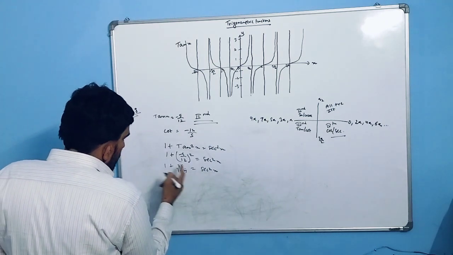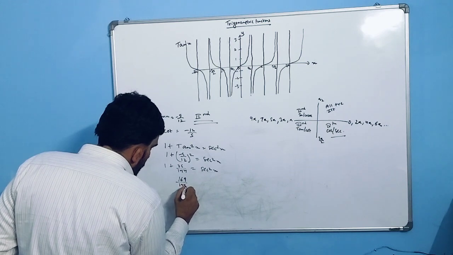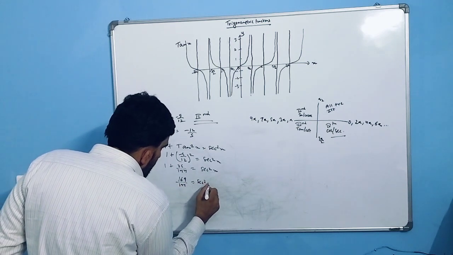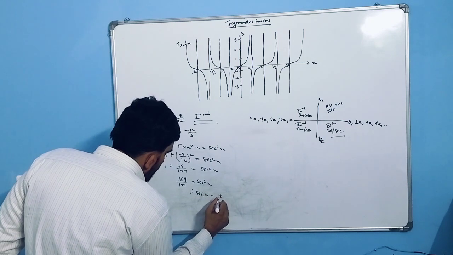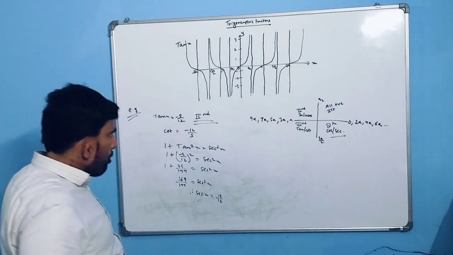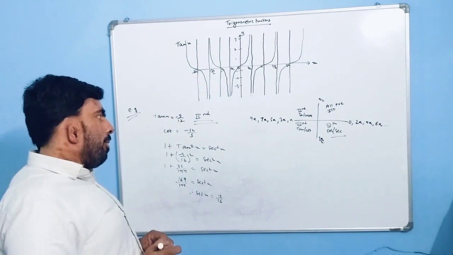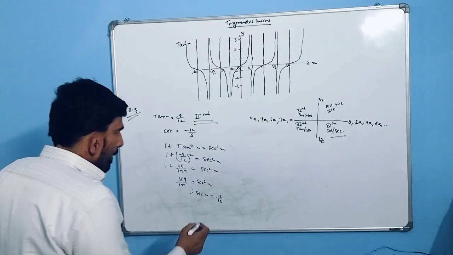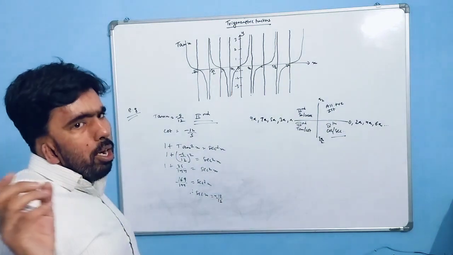So when we solve this, I got 169 upon 144 as sec square x. Therefore, sec x is equal to 13 upon 12. But now see, we are talking about second quadrant, so sec will be negative. Because in second quadrant, only sine and cosec are positive.